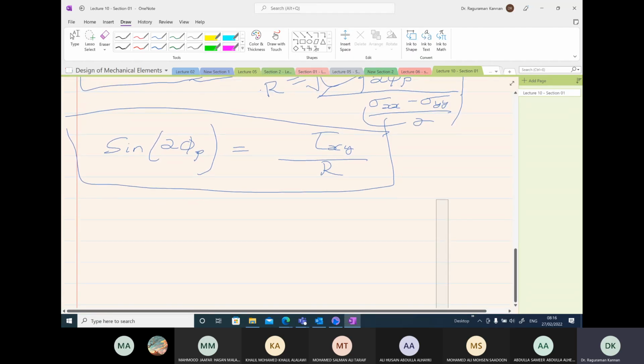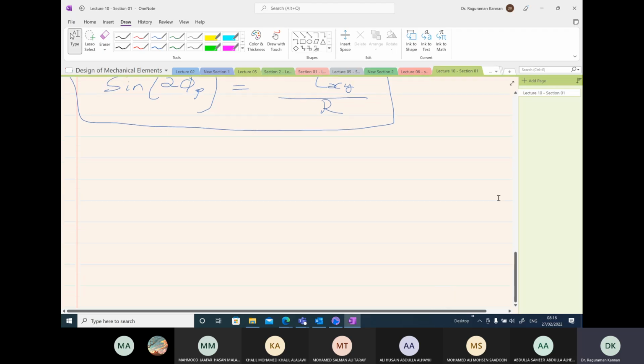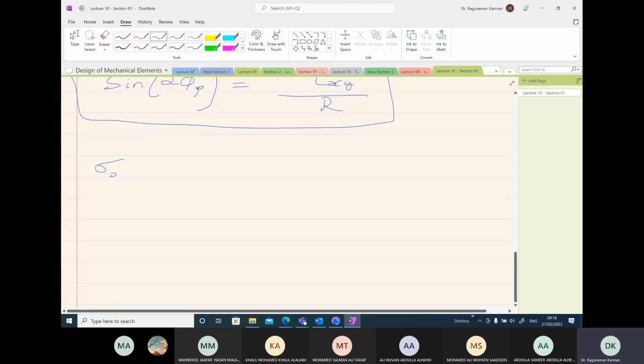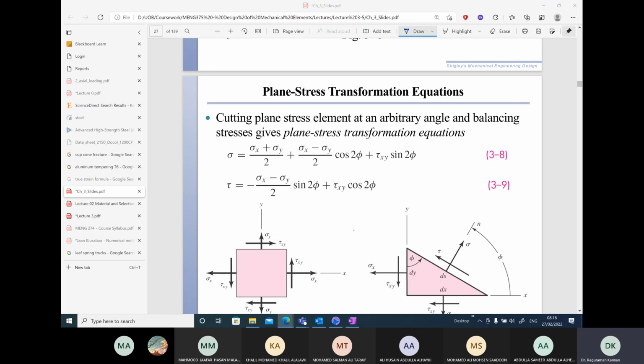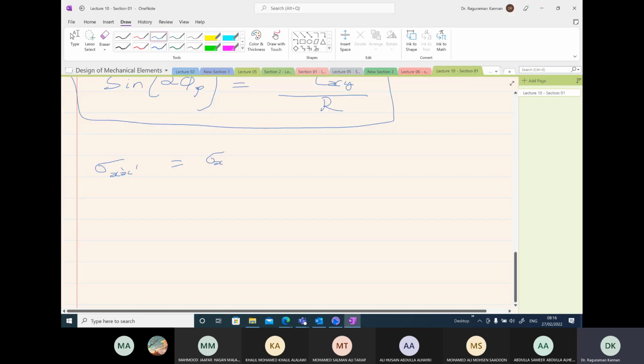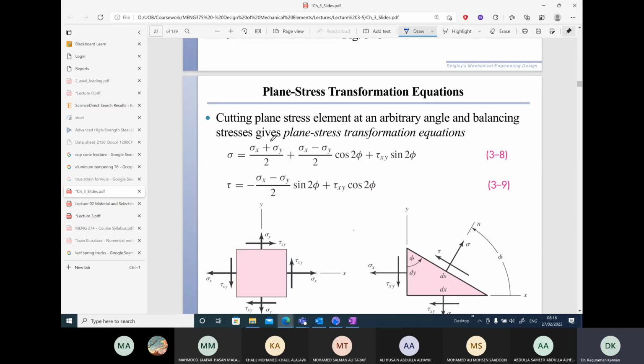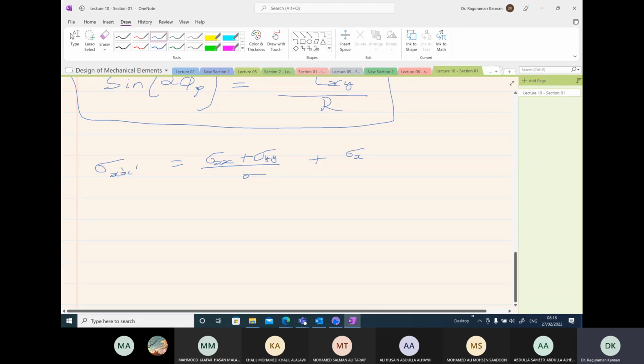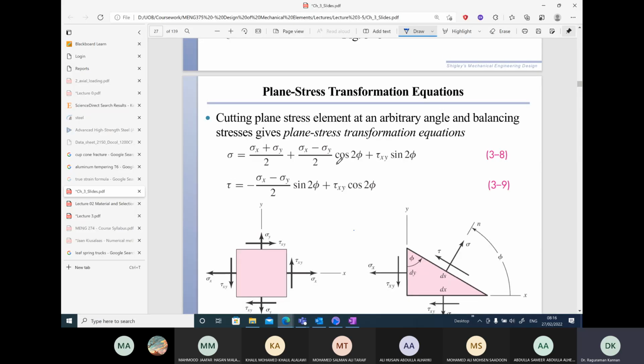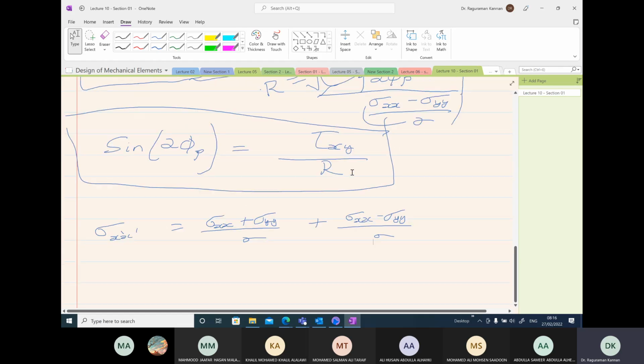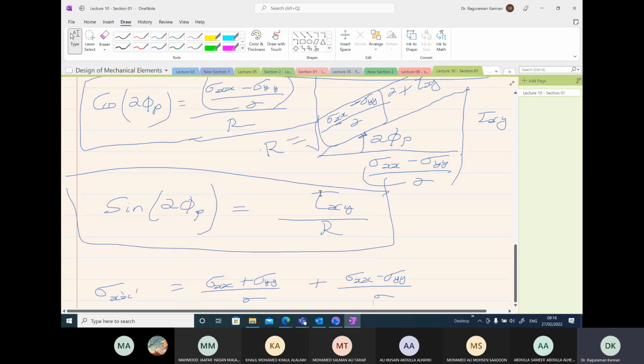If we get the same formula, sigma x prime should be equal to sigma x plus sigma y over 2 plus, we're going to use sigma x minus sigma y over 2 multiplied by cosine of the angle 2 phi. So this is the formula.